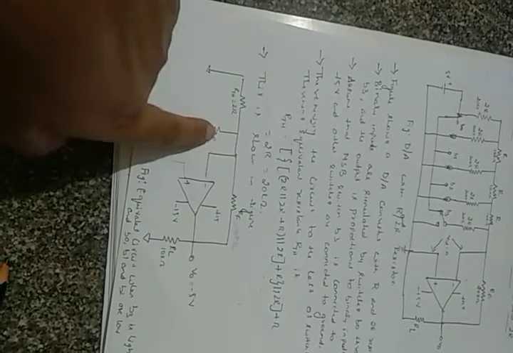But since switch B3 is connected to plus 5 volts, the current through 2R will be 5 volts divided by 2R. 2R is 20 kilo ohm, so 5 divided by 20 is 0.25 milliamps. The input current of an op amp is 0, therefore the same current will flow through RF.